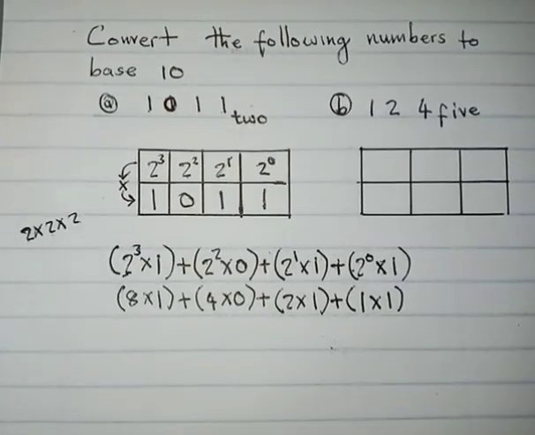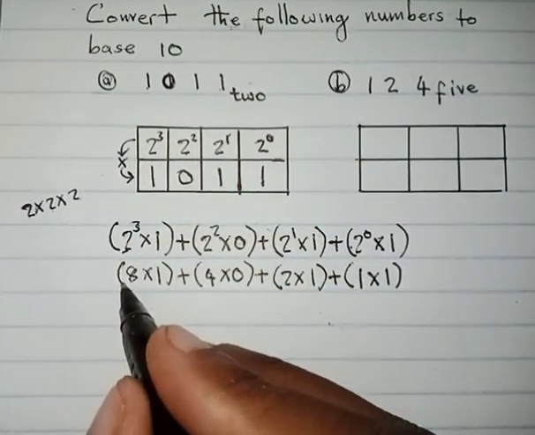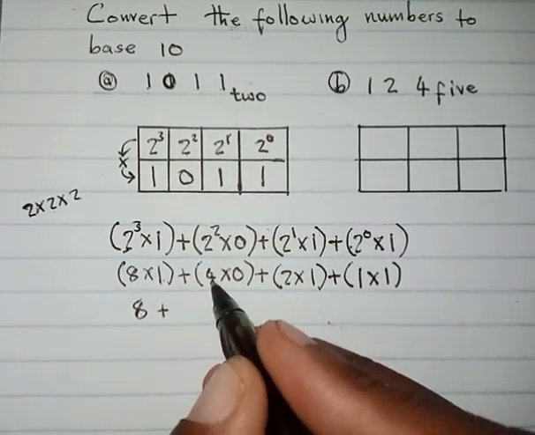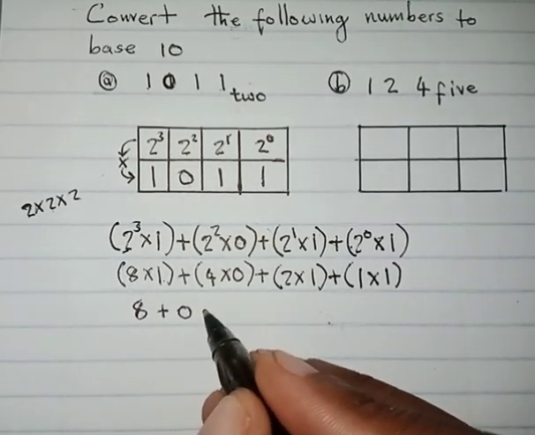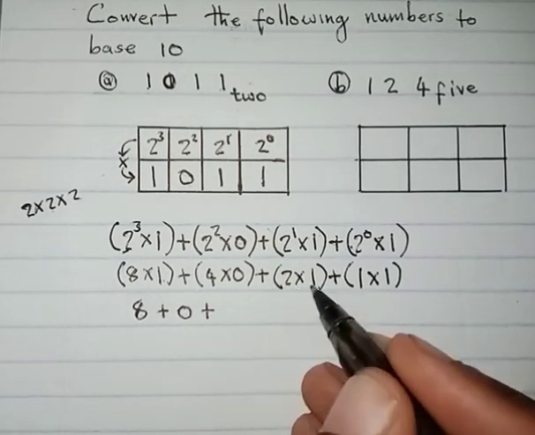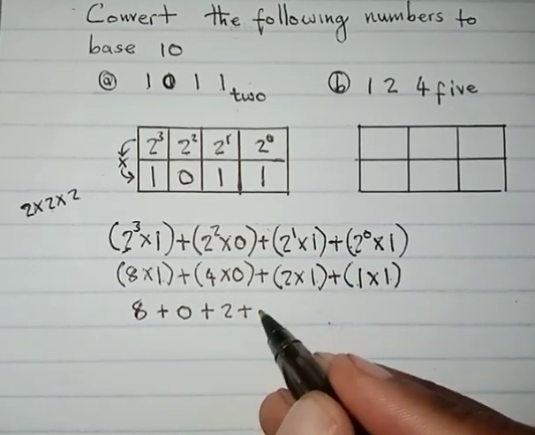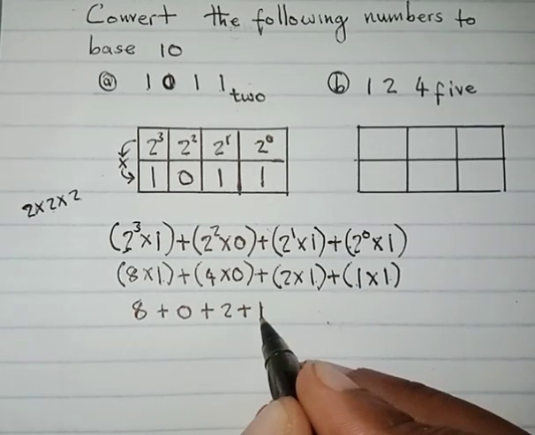Let us simplify this further. We have 8 times 1, we get 8, plus 4 times 0, we get 0, plus 2 times 1, we get 2, plus 1 times 1, we get 1.